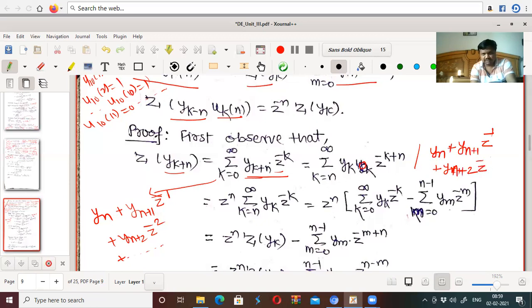This becomes z to the power minus 2 and so on. This term and this term both are same, so this summation can be replaced by this summation.